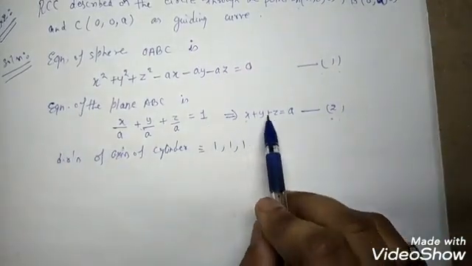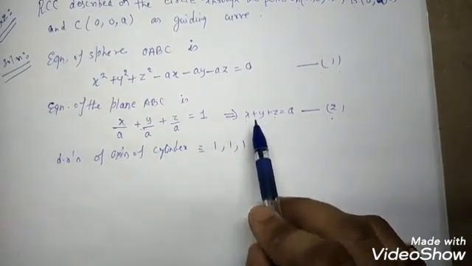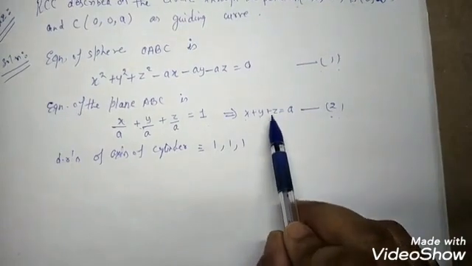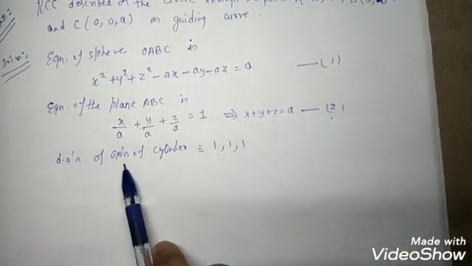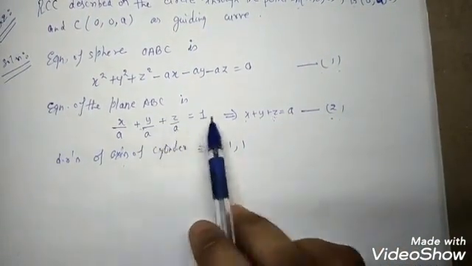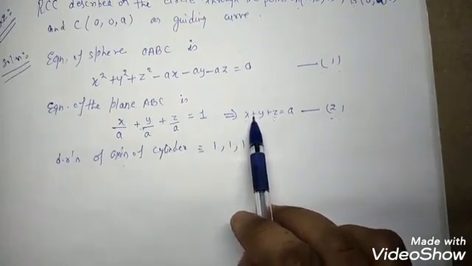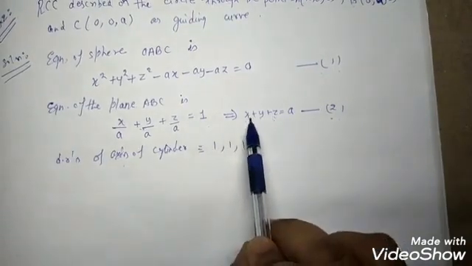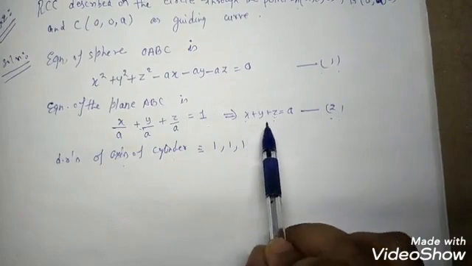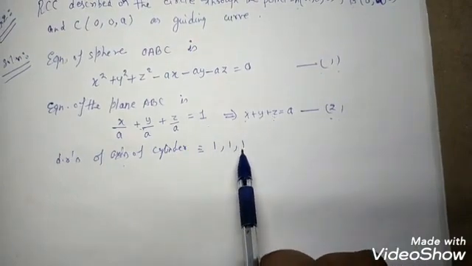Since the direction ratios of the normal to this plane are 1 1 1 and the axis of the cylinder is perpendicular to this plane, the direction ratios of the axis and the normal to this plane are parallel to each other.